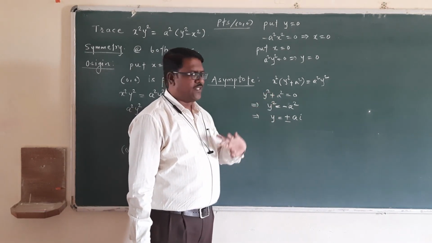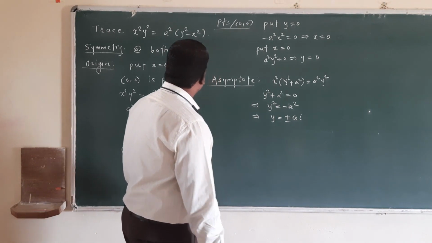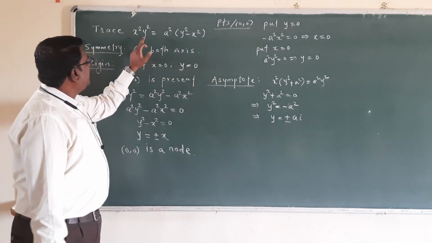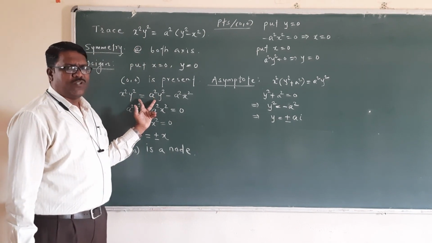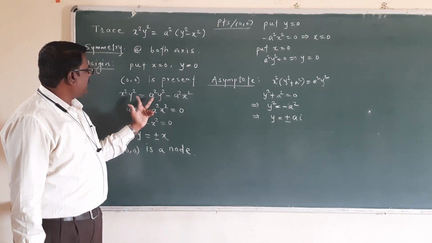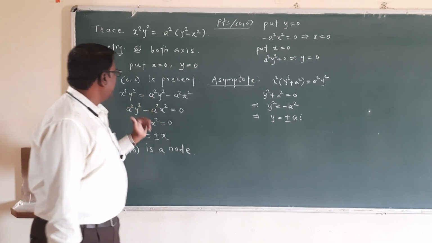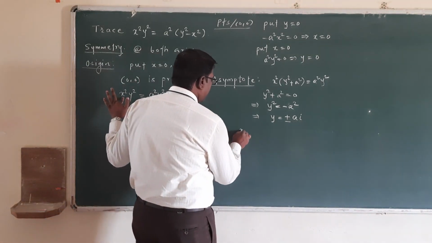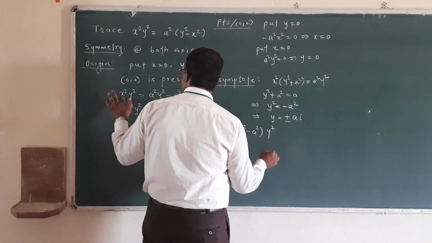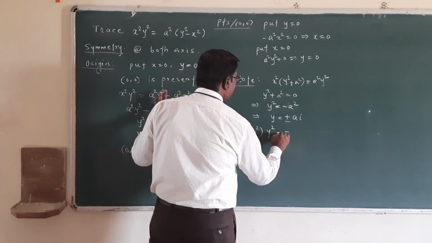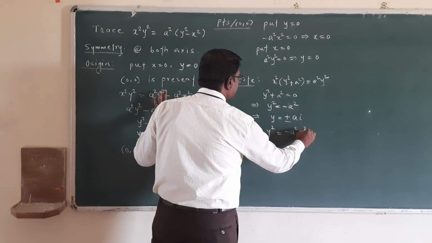asymptotes parallel to x-axis are absent. Now to get asymptote parallel to y-axis, equate the coefficient of highest power of y to 0. Which is the coefficient of highest power of y? We will write it as x square minus a square into y square is equal to minus a square x square.